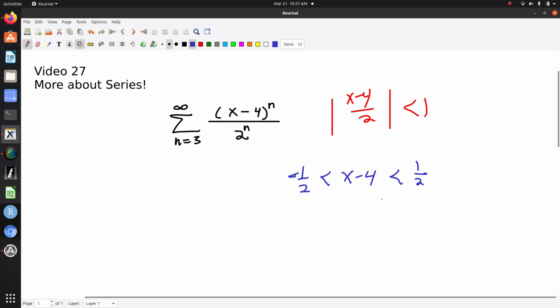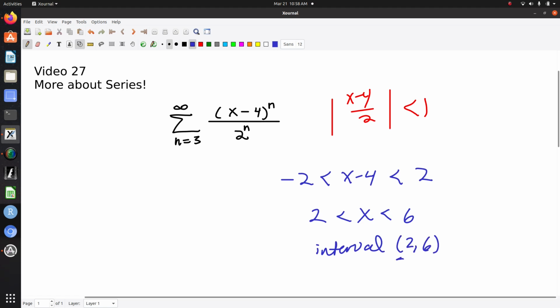Okay, now the next step is, except that I did it wrong, of course you knew that that was a 2. Okay, now we have to add 4 to each of these pieces, and so we get 6 and 2. So what we have is an interval, and it looks right now like 2 to 6, but we don't know if these guys converge on the ends.